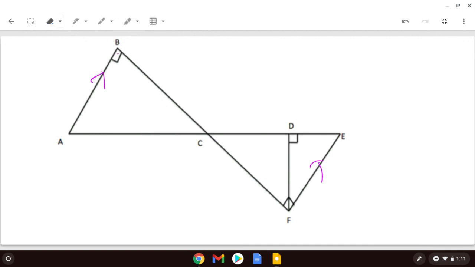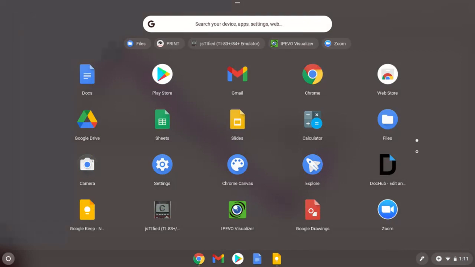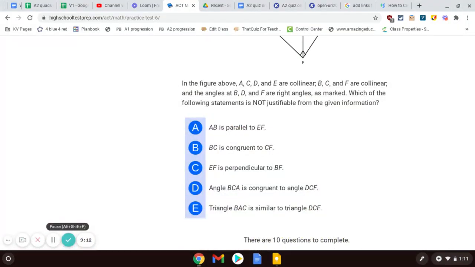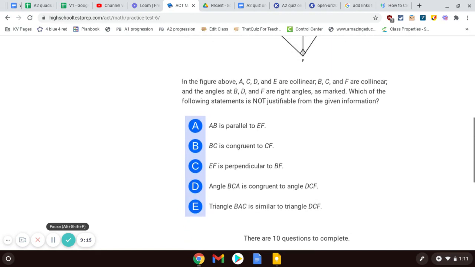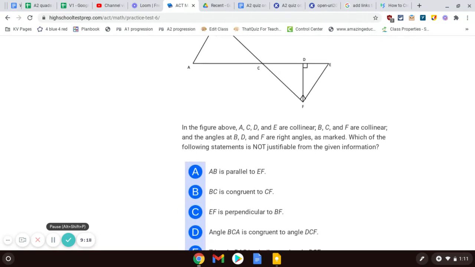Because angle B here is a right angle, and so is angle F, they are on opposite sides of this transversal. Because those are on opposite sides of the transversal, at least I'm pretty sure, I'm not a geometry teacher, that means that AB is parallel to EF. So we took care of A, D, and E. I'll leave it up to you whether it's B or C.